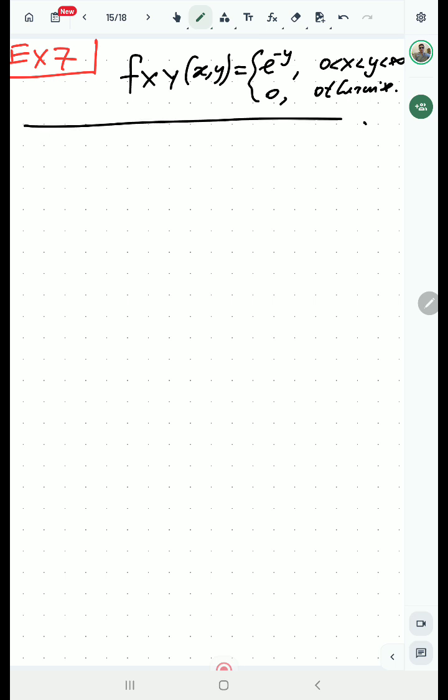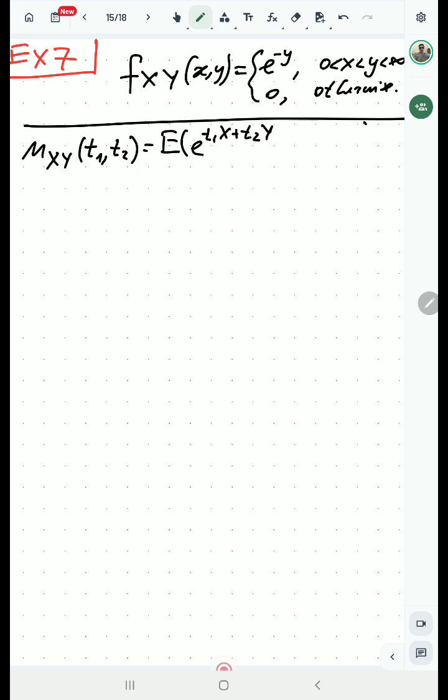So now to find the joint moment generating function, so let's say M of xy at t1, t2. This is nothing but the expectation of this function e to the power t1 x plus t2 y.